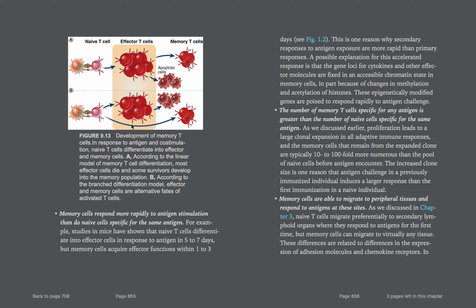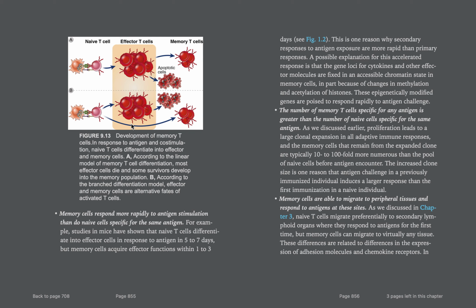Memory cells are able to migrate to peripheral tissues and respond to antigen at these sites. As discussed in Chapter 3, naive T cells migrate preferentially to secondary lymphoid organs where they respond to antigen for the first time, but memory cells can migrate to virtually any tissue.